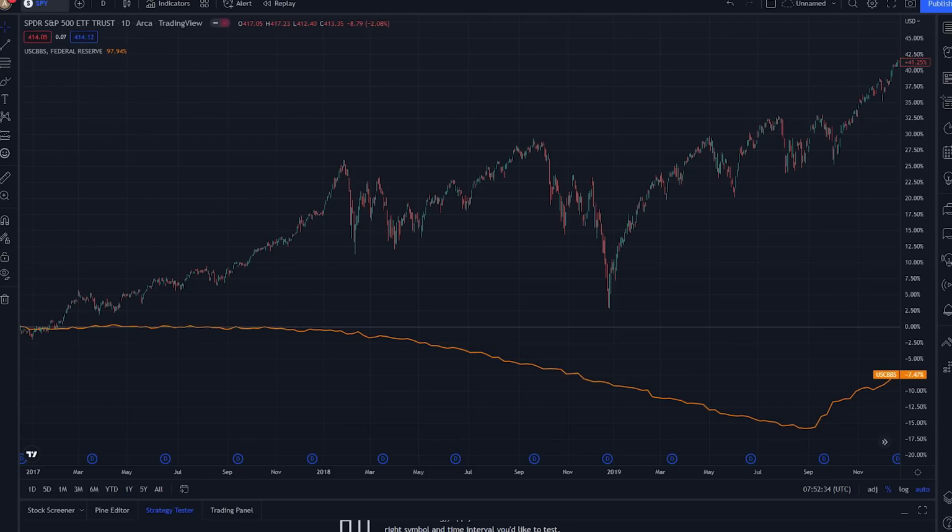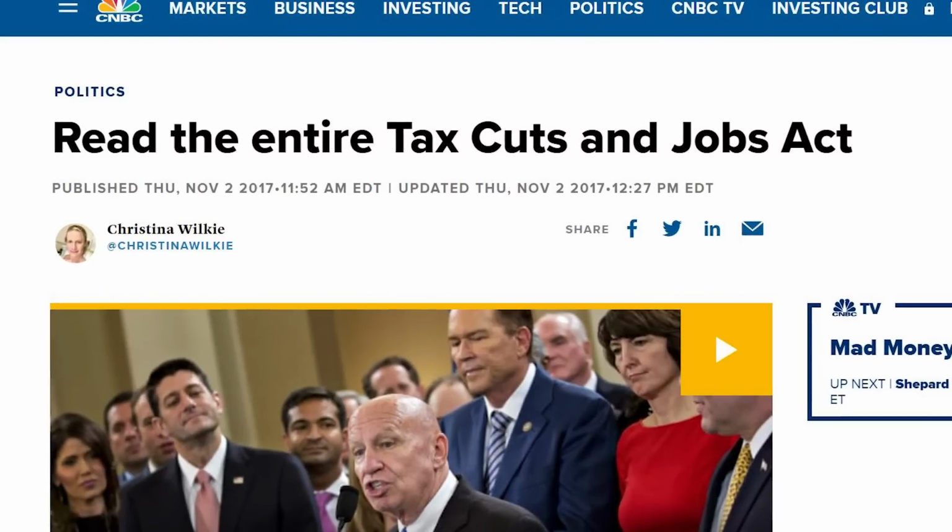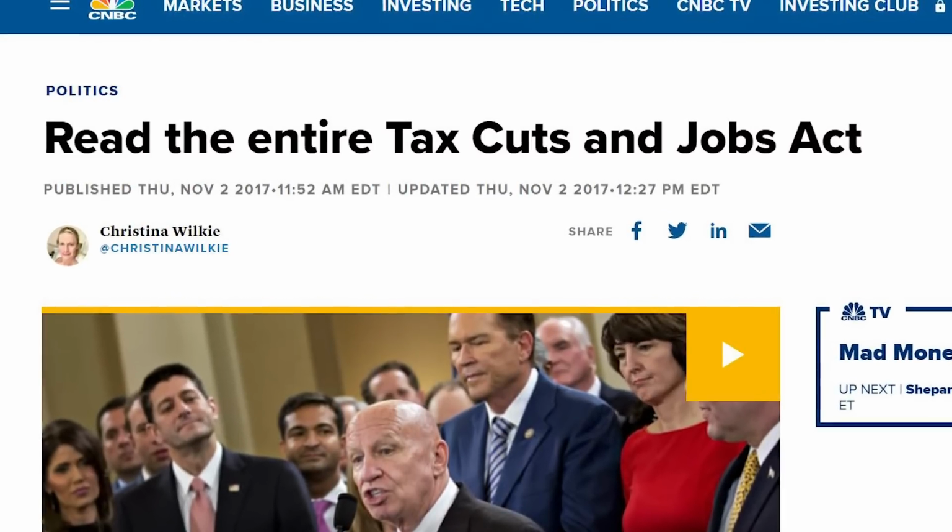QT has only been done once in 2018. So let's check out what happened during that time. This is a chart of the S&P 500, and below is the Fed's balance sheet. When QT was first announced in September 2017, the market was doing super well, partly because there was a reduction in tax rates during that time.